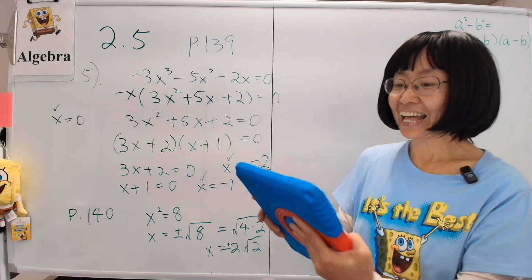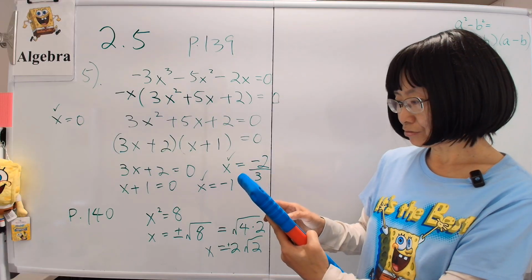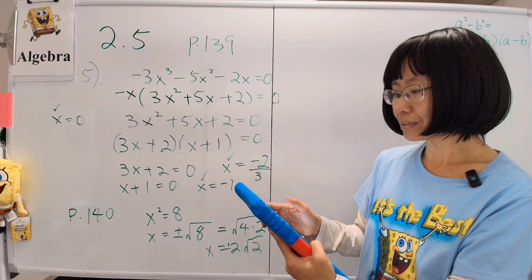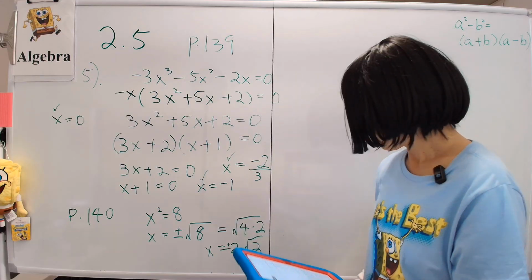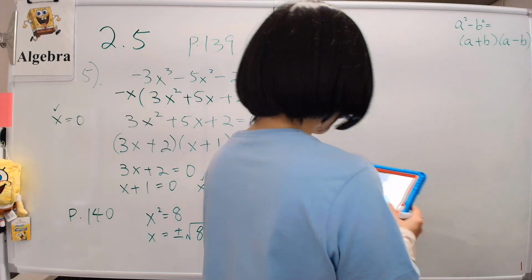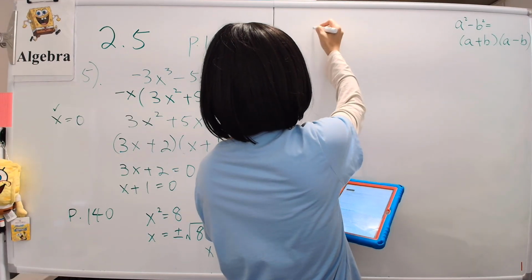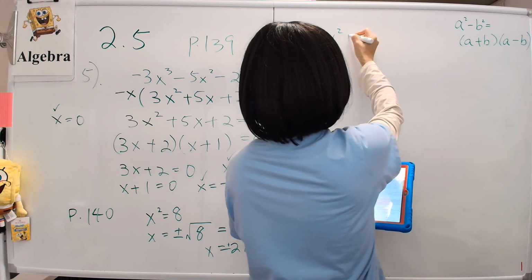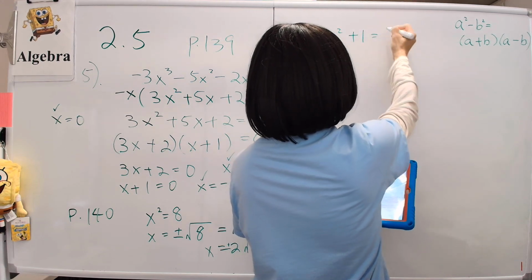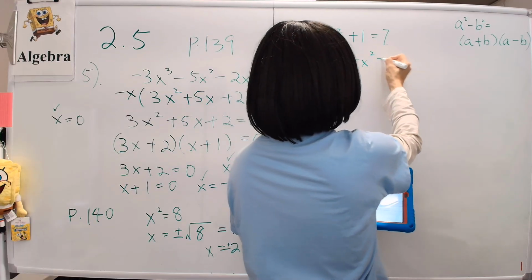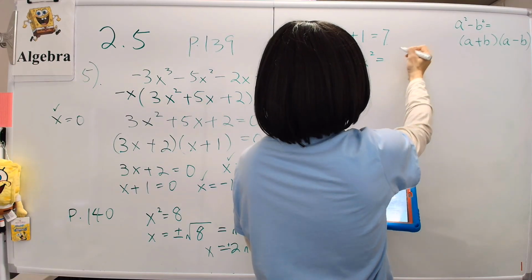Let's move on. So example 7, what are we doing here? We have the question 4x squared plus 1 equals 7. Strictly speaking, that is a quadratic equation because the highest power is 2, but in reality it's not much of a quadratic equation because we can solve it very quickly. So we have 4x squared equals 7 minus 1, that's 6.